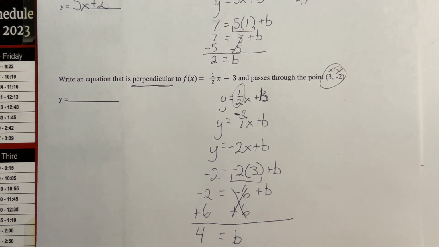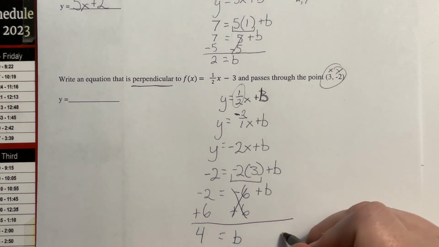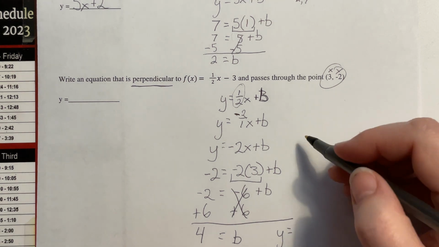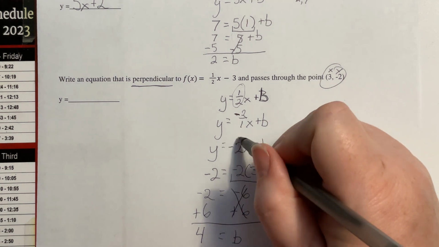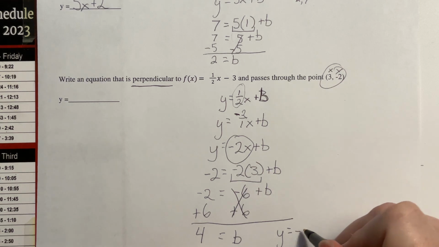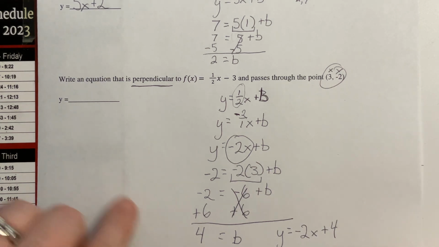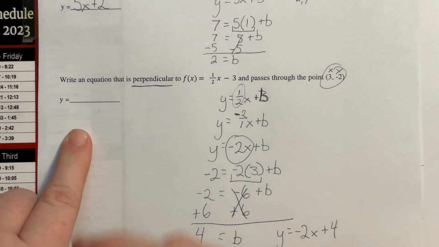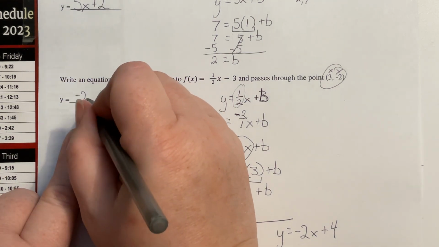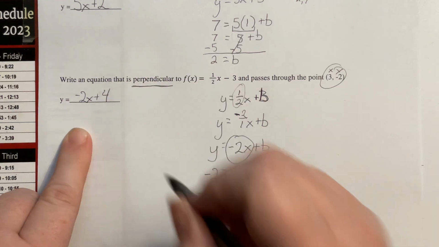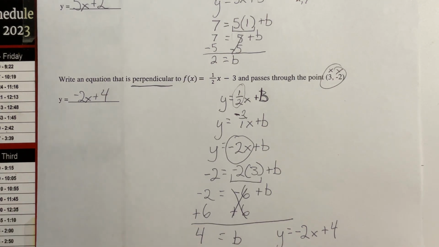Okay, so now I'm going to plug that into my answer. Y equals, what was my slope again? Right here. -2x plus 4. And then I'm going to write my answer right over here. -2x plus 4.